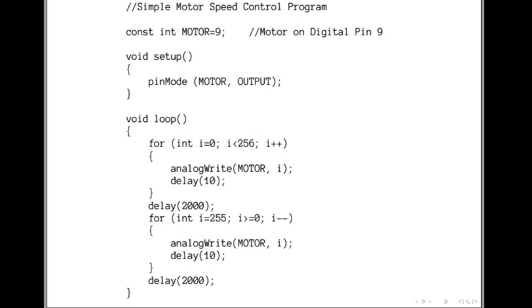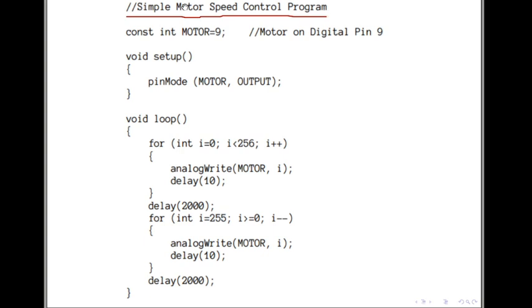We are simply controlling the speed of the DC motor by varying the pulse width, the same concept we use in fade in and fade out of an LED, that is by using PWM. By varying the pulse width of the PWM signal we vary the energy, and according to the average voltage the speed of the motor is varied.